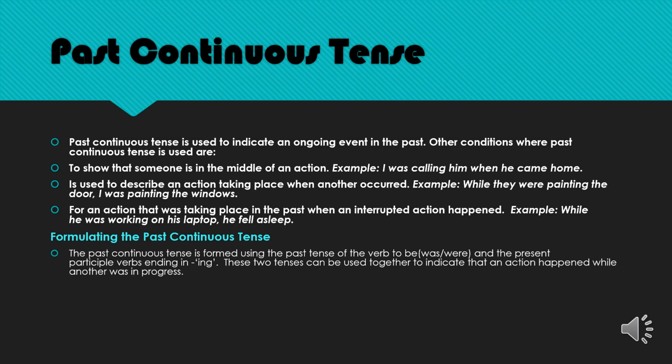Now, how to formulate the past continuous tense? Past continuous tense is formed using the past tense of verb to be, was or were, and the present participle, verb ending in ing. These two tenses can be used together to indicate that an action happened while another was in progress.